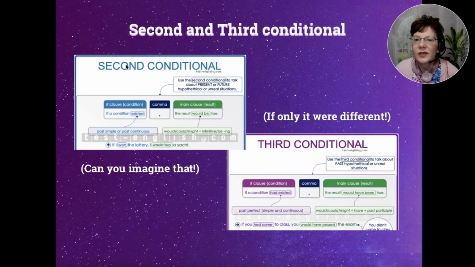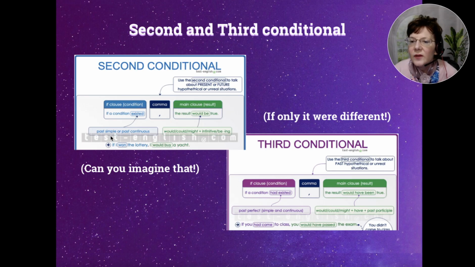Okay, so looking briefly at these charts, second conditional, first of all, we use the second conditional to talk about present or future hypothetical or unreal situations, something we imagine. For example, if a condition existed, comma, the result would be true. It starts with an if clause and then there's the result clause.